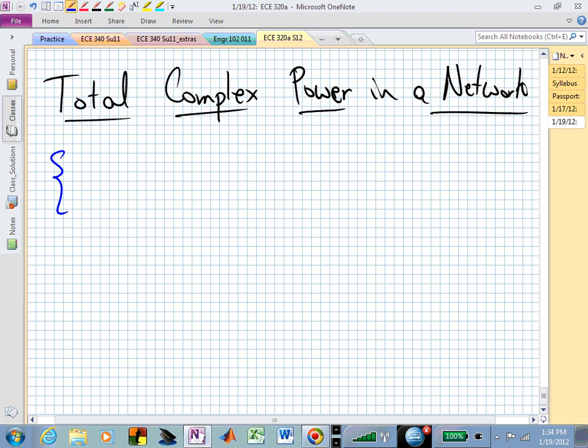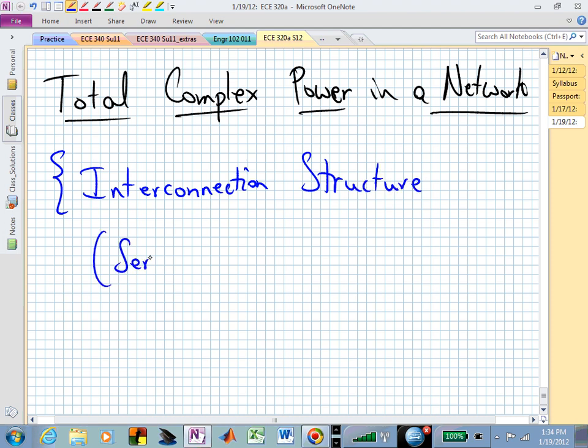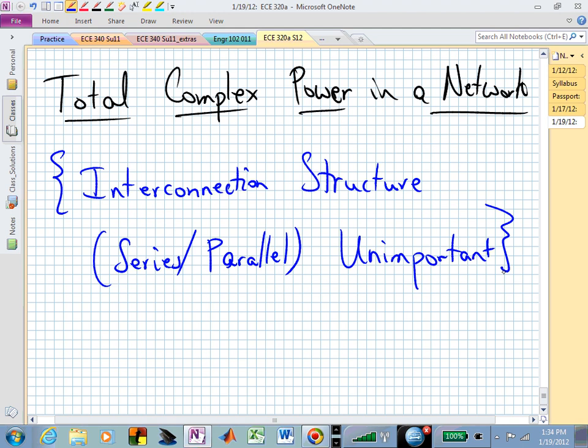We just need to find the complex power of each of these little pieces and add them up basically vectorially, keeping track of the real pieces and the imaginary pieces, and we can get the total. We don't have to worry about how they're interconnected. That's what I'm trying to say here in braces. The interconnection structure, be it series or parallel or some other combination, is unimportant.